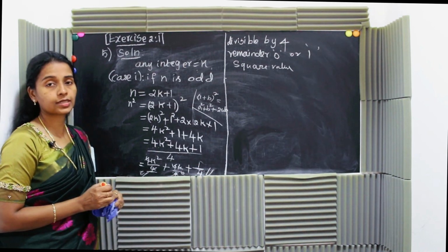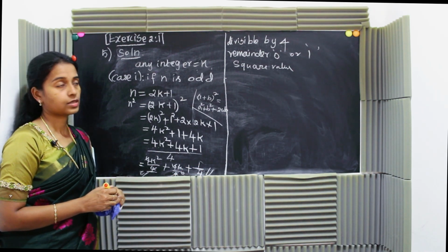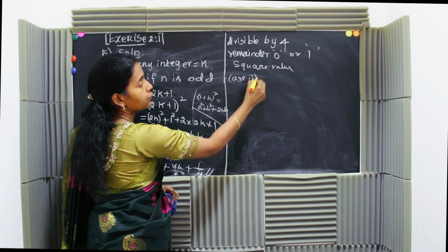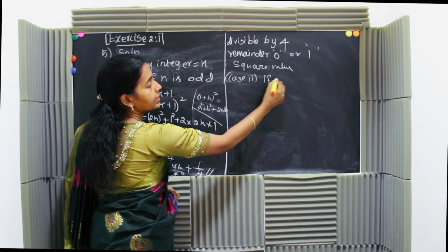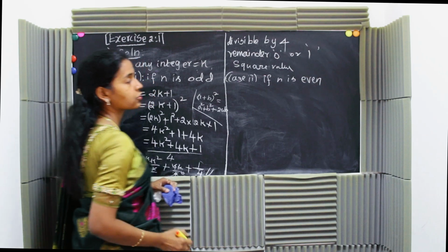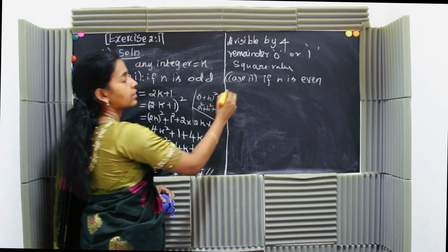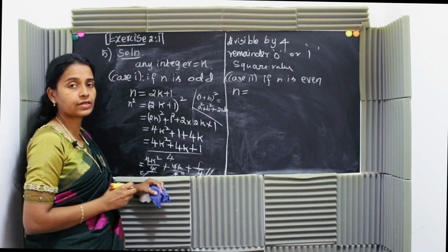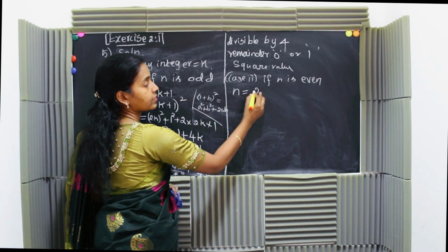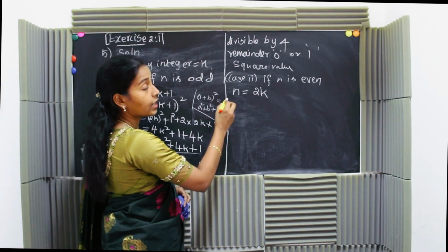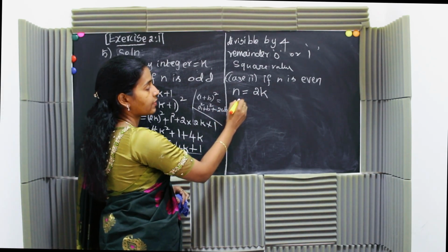Next, we need to check case 2. What is case 2? If n is even, we need to check that also. If n is even, what is the formula for creating even numbers? 2k, right? Now I should find the square value.